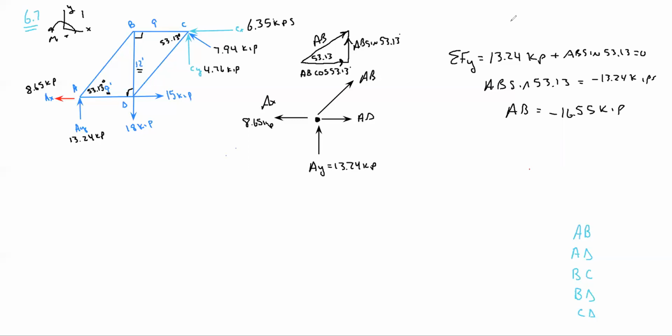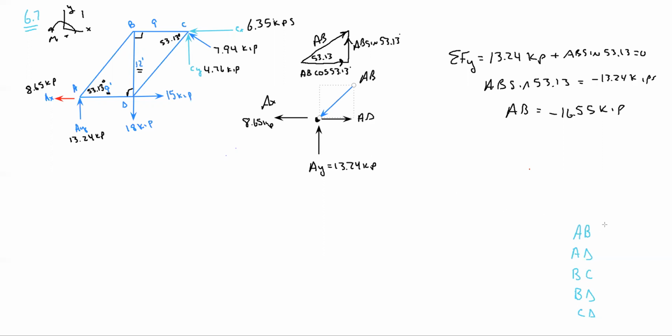I assumed it in the wrong direction, so I'll erase that and correct it. Now I have it correct. I'm noticing that in the corrected version, the arrow is pointed into the joint. We said in yesterday's lesson that a force going into a joint is considered to be in compression.